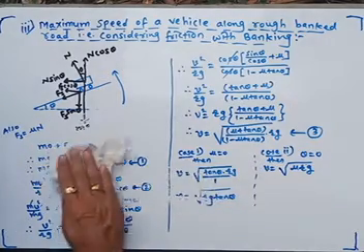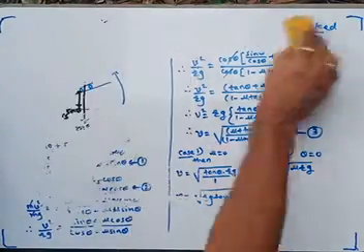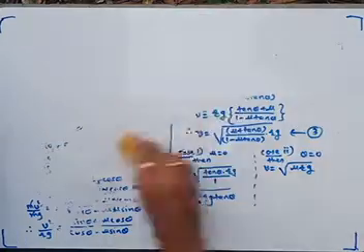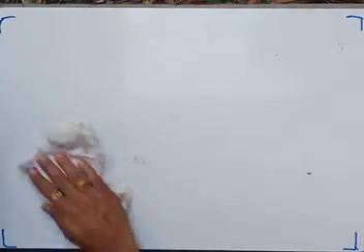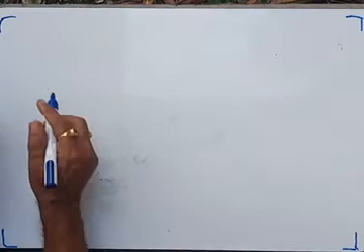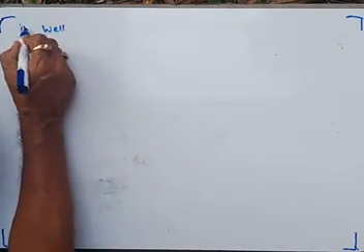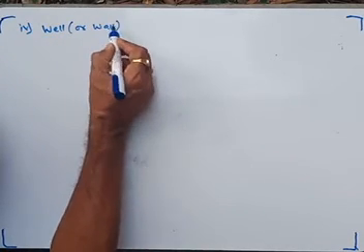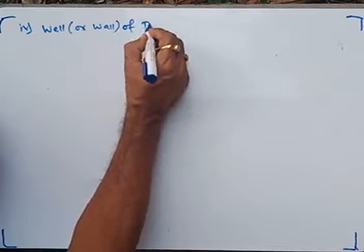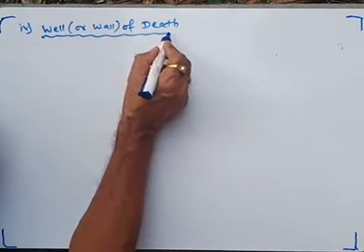Now we will consider another article. Suppose another article we consider here, the well of death or wall of death.